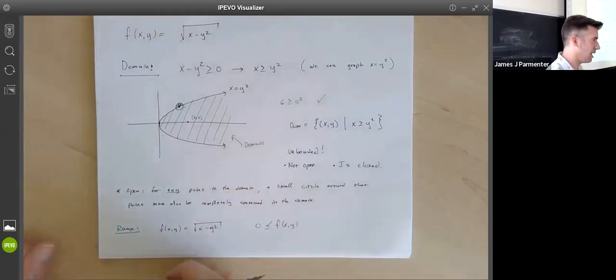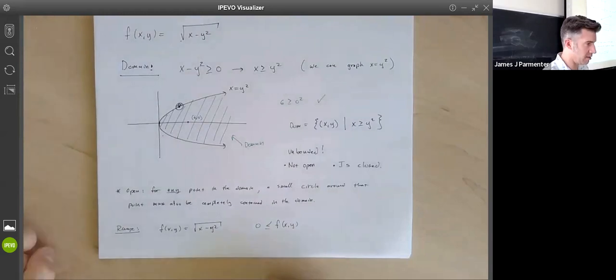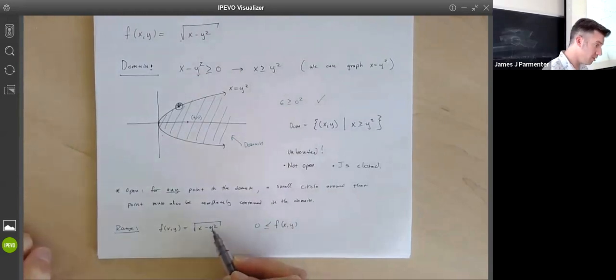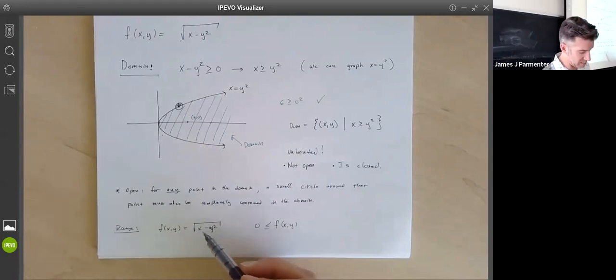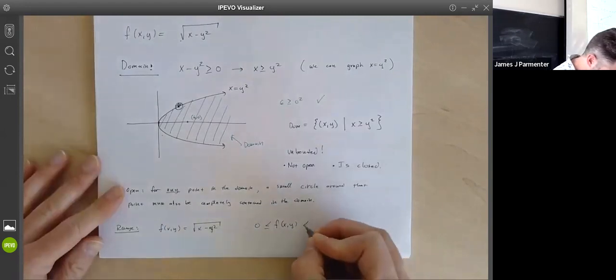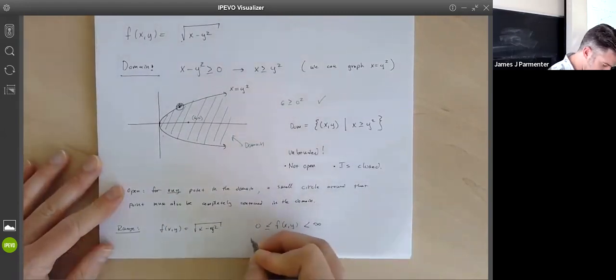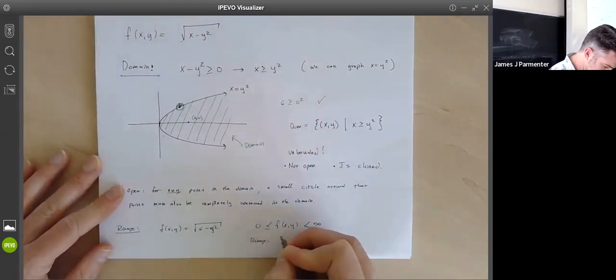And then can it get really big? It sure can. If I let Y be 0 and make X as big as I want, the output can also be as big as I want. If I want the output to be 1 billion, I let X be 1 billion squared and Y be 0. So my range is certainly everything from 0 inclusive to infinity.